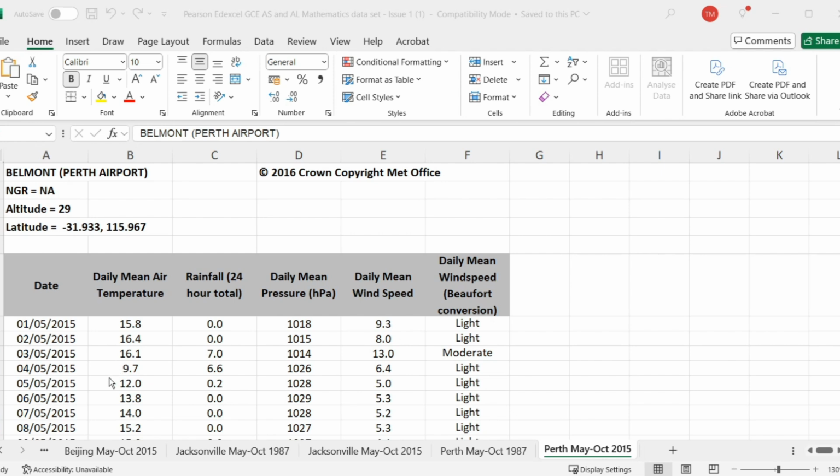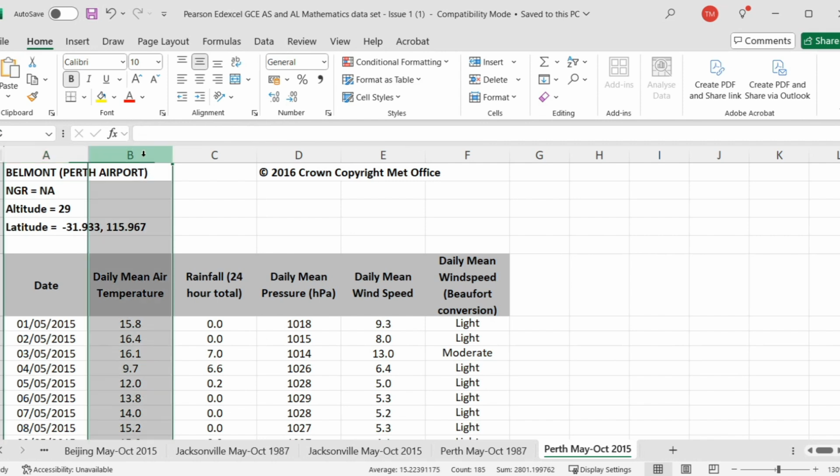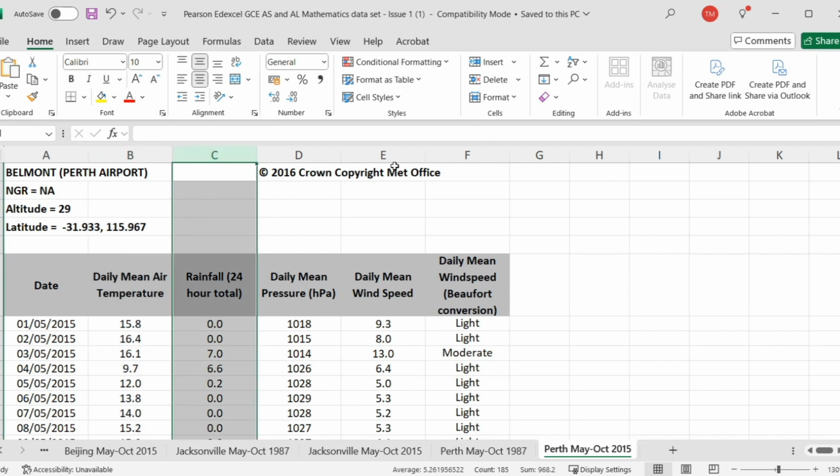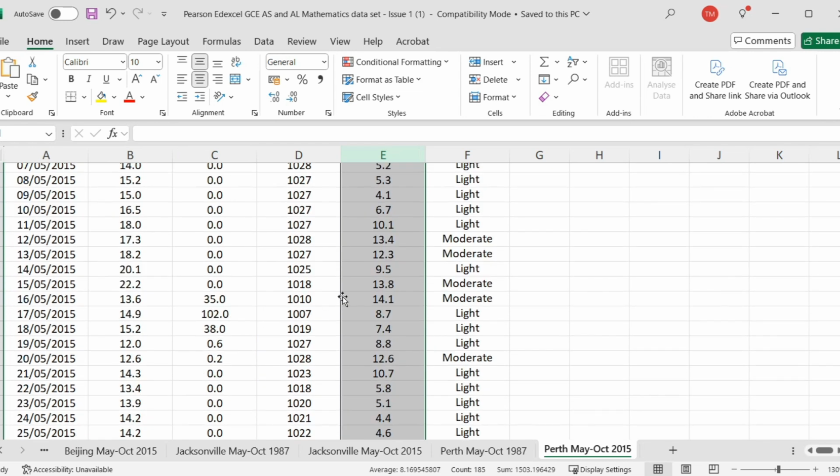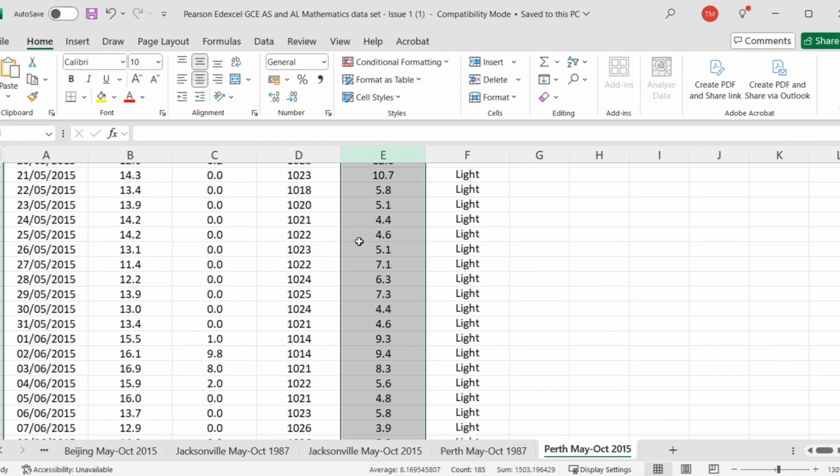Now, what he did was he wanted to find summary statistics for daily mean air temperature, but what he got was values of a mean of 5.3 and a standard deviation of 12.4. And if we take a look at rainfall and wind speed, the values he got align more with these two types of data.